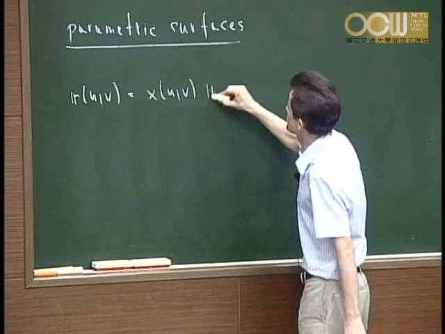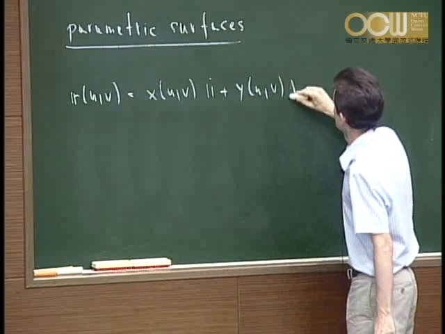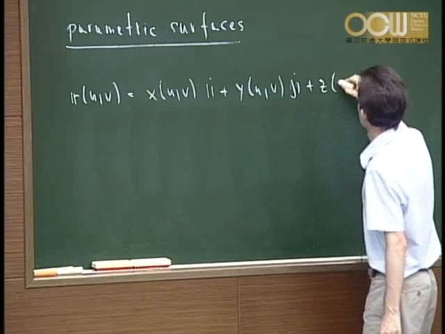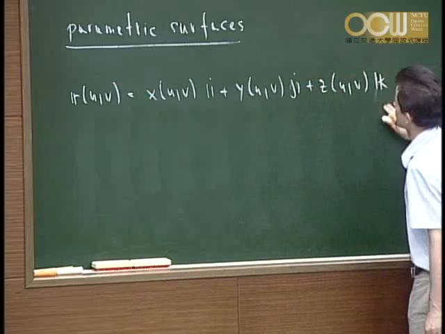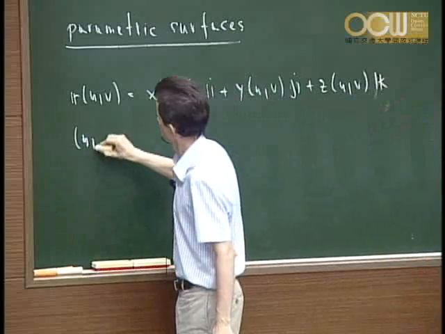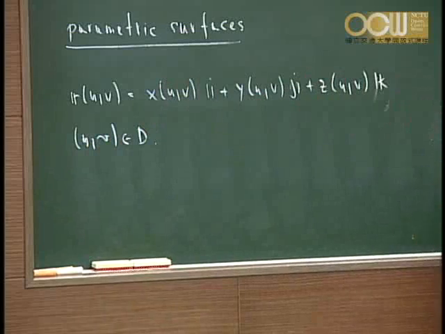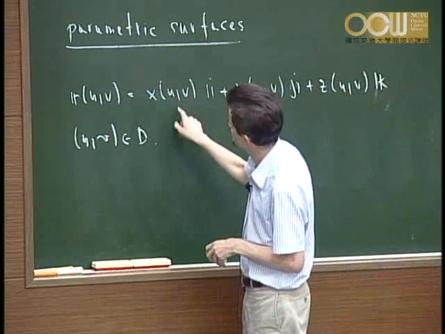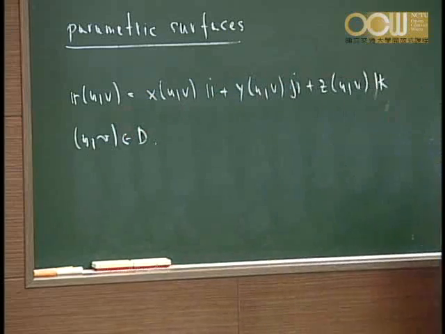We have here coordinate functions, and u, v in some domain. So we can use such a vector function here. For every (u, v) in D, we get a vector in this three-dimensional vector space.